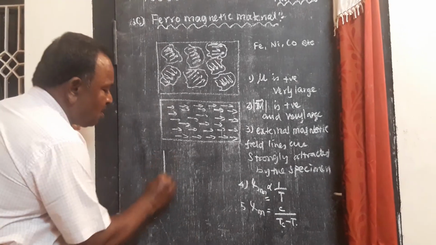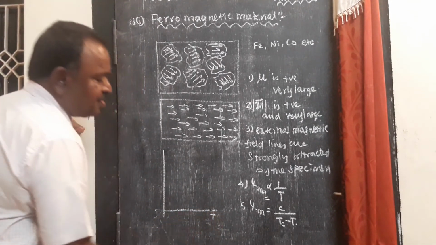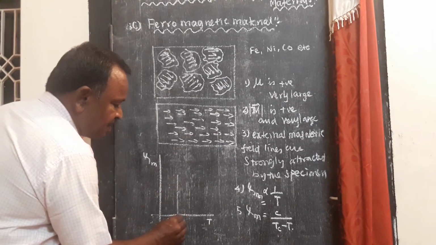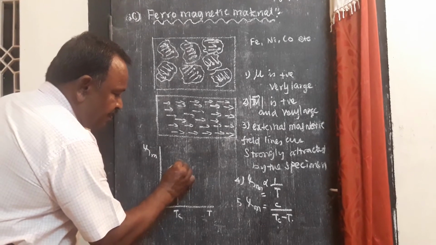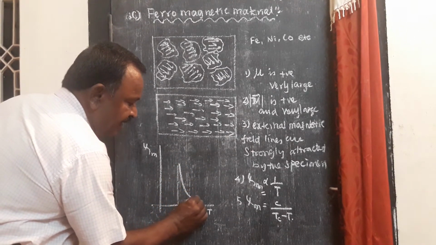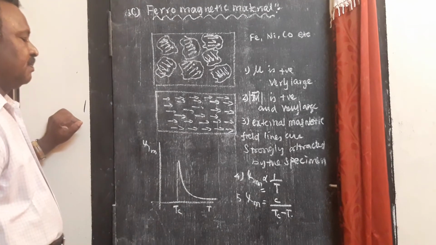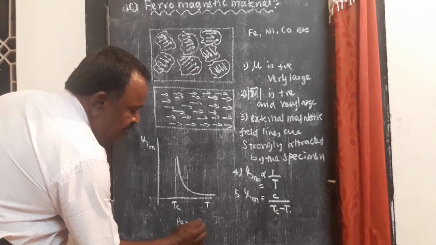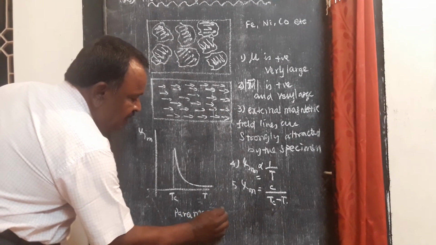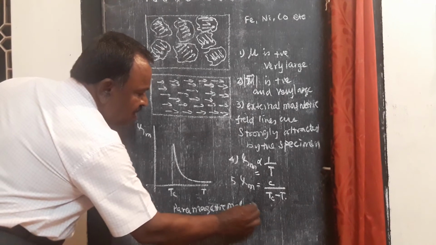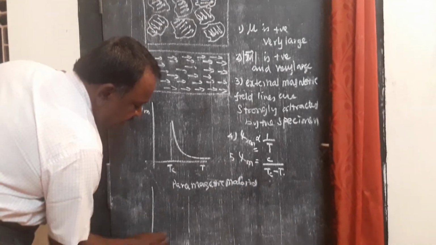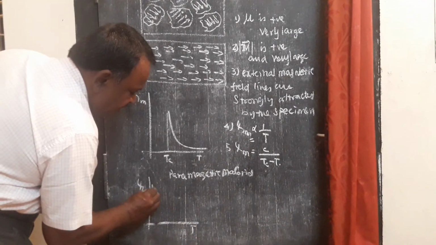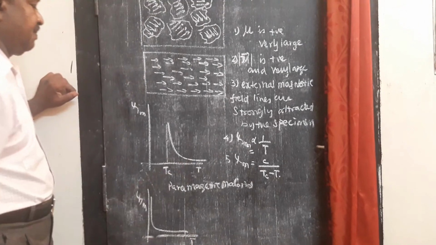When a graph is plotted with temperature along the x-axis and susceptibility along the y-axis, this is the Curie temperature, and you will get a graph like this. In the case of paramagnetic material, when a graph is plotted with susceptibility along the y-axis and temperature, you will get a graph like this.